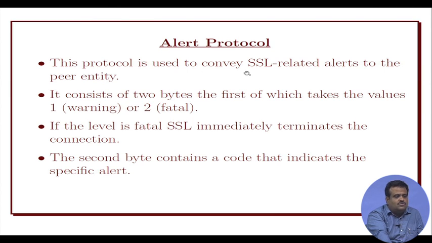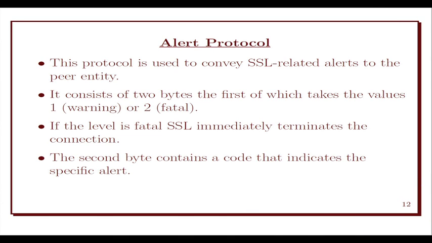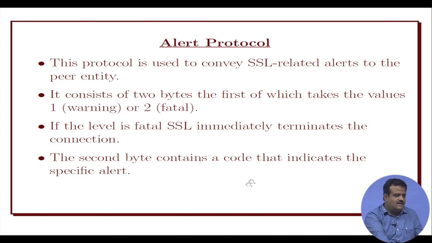This protocol is used to convey SSL related alerts to the peer entity. It consists of 2 bytes, the first of which takes the value 1 for warning, and the value 2 if it is fatal. If the level is fatal, then SSL immediately terminates the connection, because there is a danger.